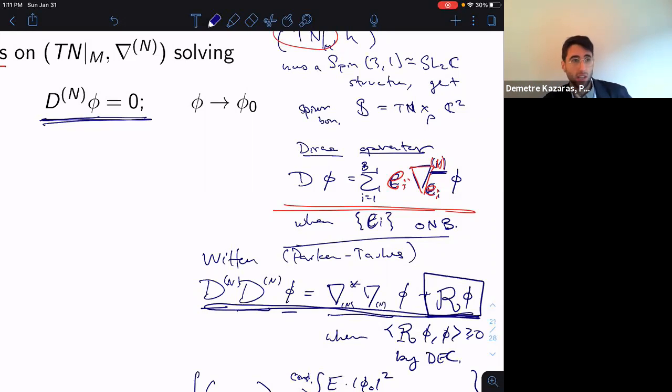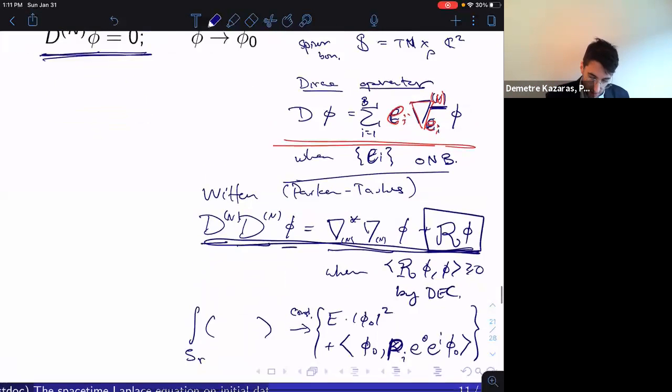And Witten does a similar thing. He looks at these spinors. He solves this equation, which requires some work. Also see Parker and Taubes for a more mathematical description of this argument.